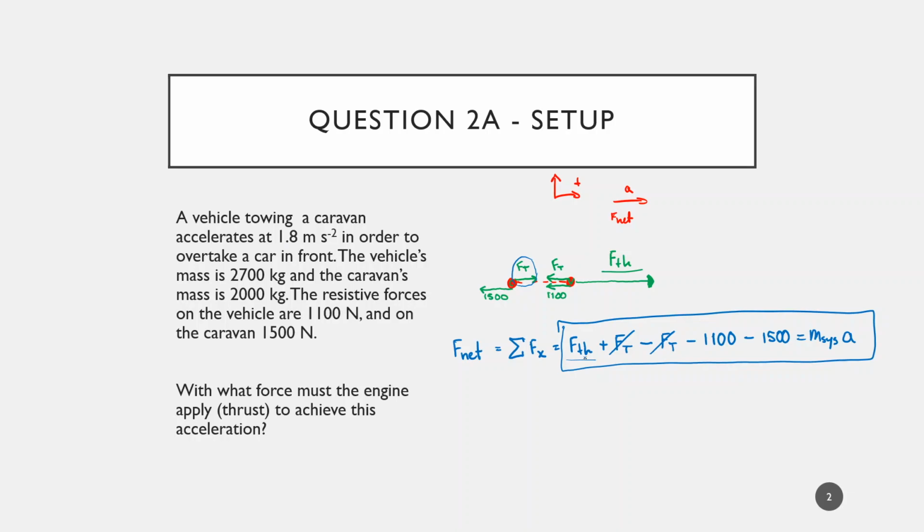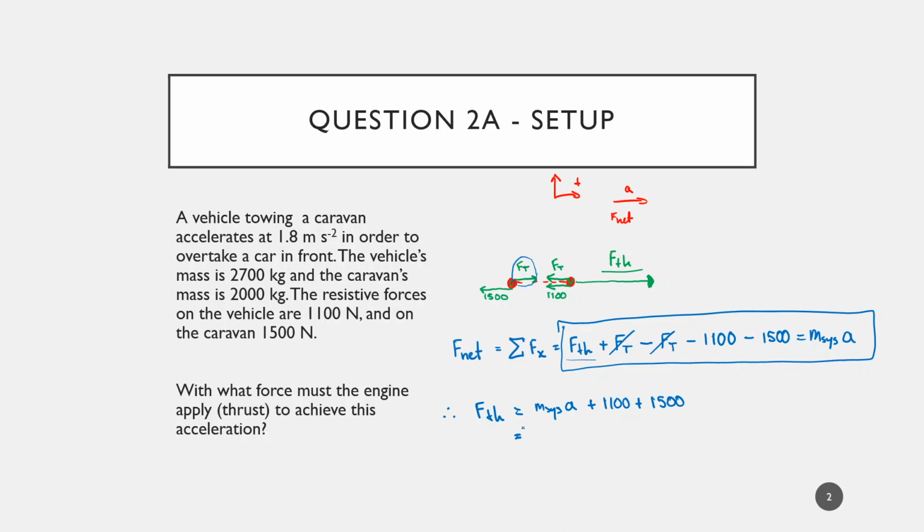We're working out thrust. So it must be that the thrust, the driving force from the engine, is equal to the mass of the system times acceleration plus 1,100 plus 1,500.